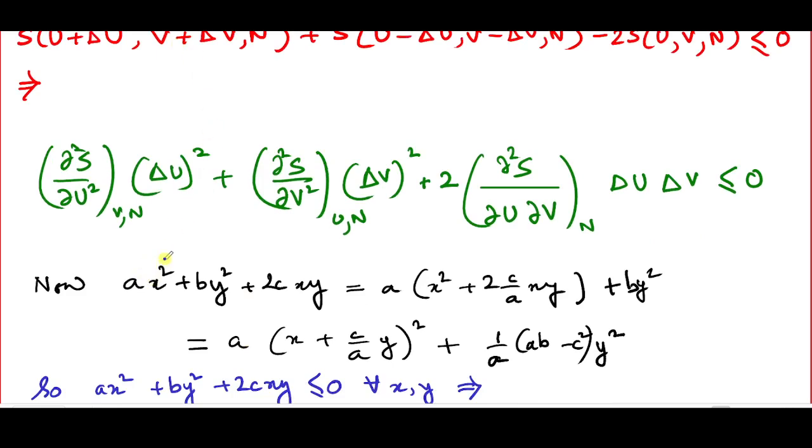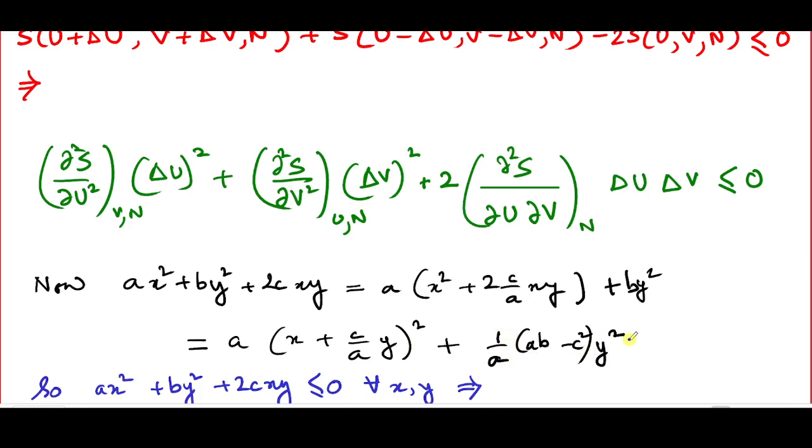So a into x square plus twice c by a xy is an expression for which the square can be completed easily by adding c square by a square y square. Of course, by square is left out here, and if you complete the square, you get a into this square plus 1 over a, ab minus c square into y square.